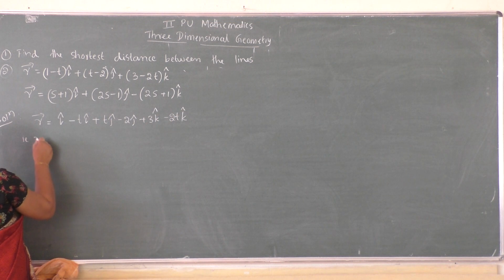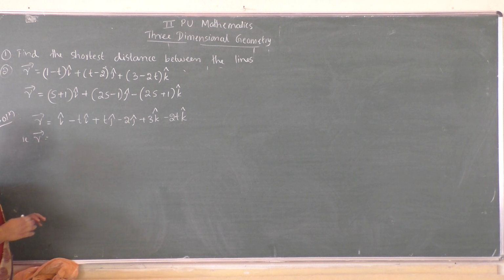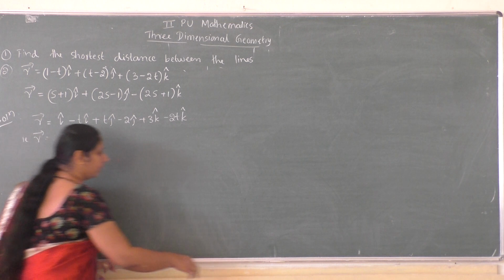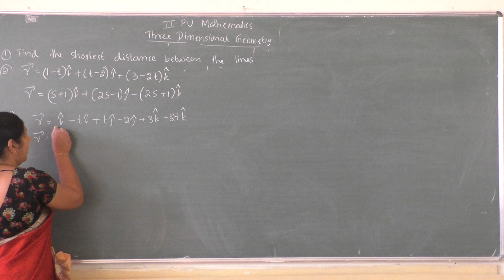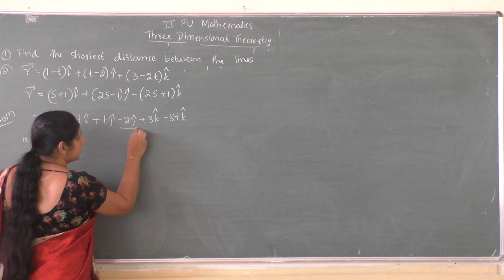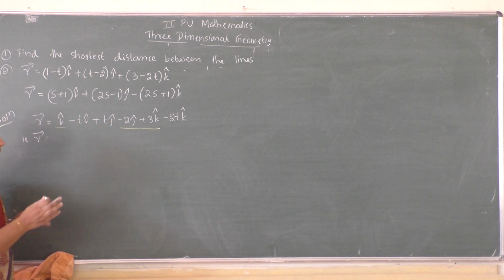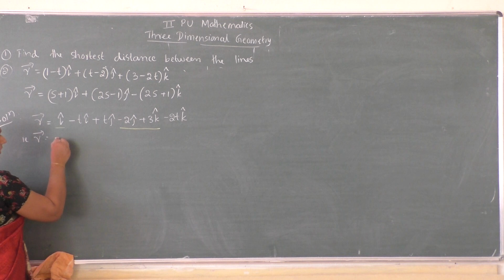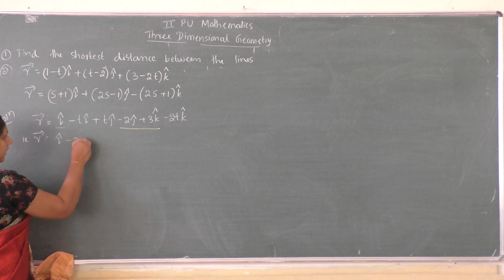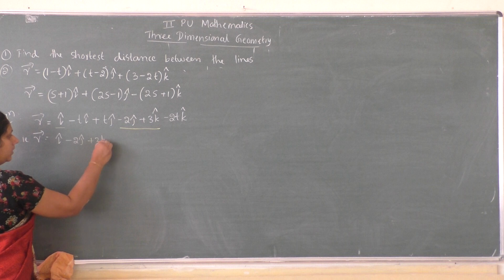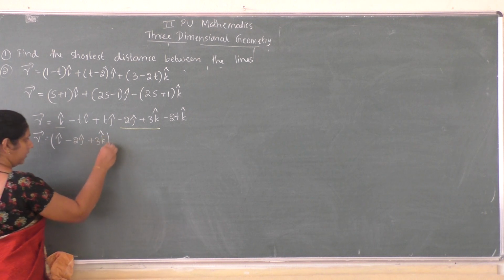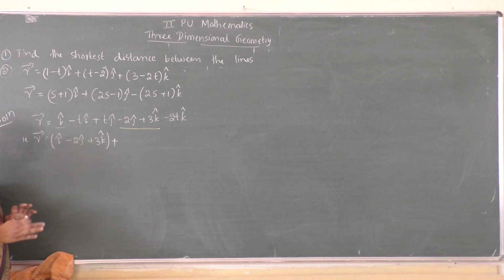That is r vector equal to, now the terms which are independent of t combine together. Which are the terms independent of t here? This one and this one. So first write these terms together. So it is I cap minus 2j cap plus 3k cap plus, from the remaining elements take t common.